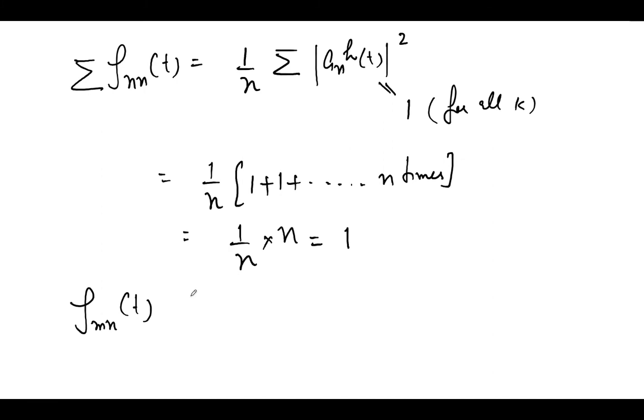So the equation of motion for this density matrix means the density function is varying with respect to time. So for density ρ_mn, if I take the derivative of this equation with respect to time, we need to find this value.